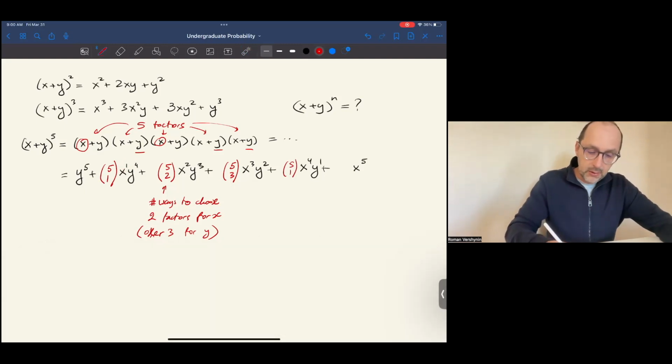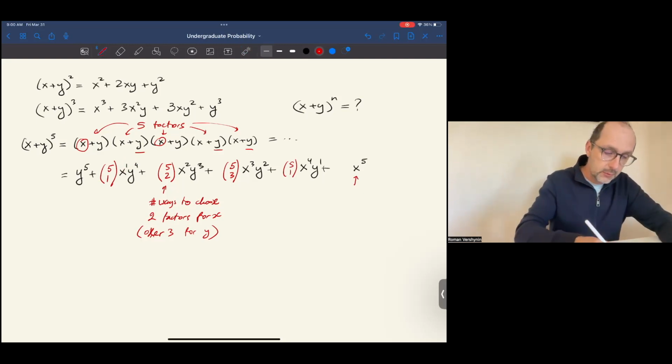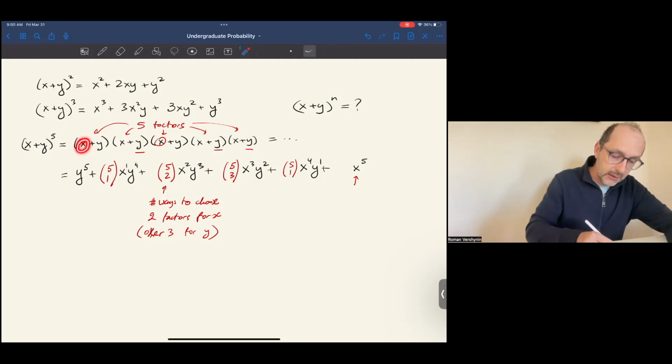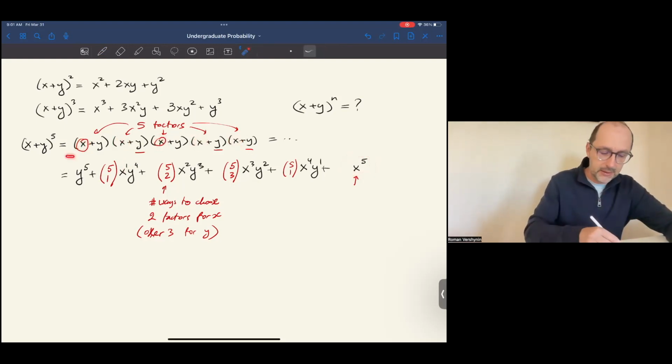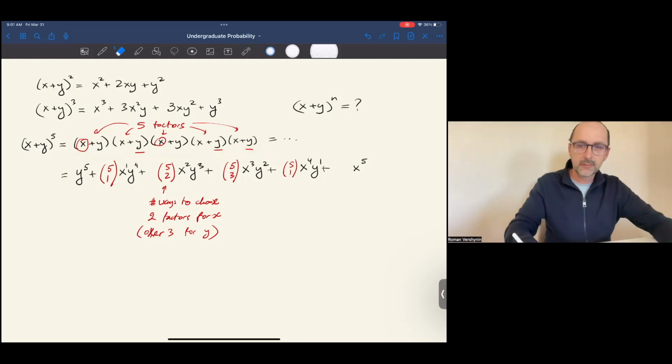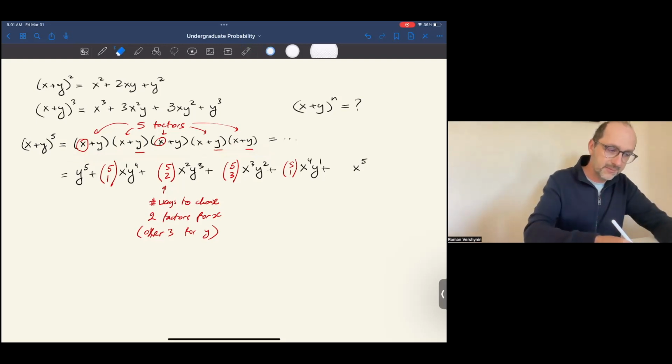And as for the term, let's say, x to the 5, it will appear only once, by multiplying all x's. This is the only way the term x to the 5 can ever appear by expanding this product. So this is our result.